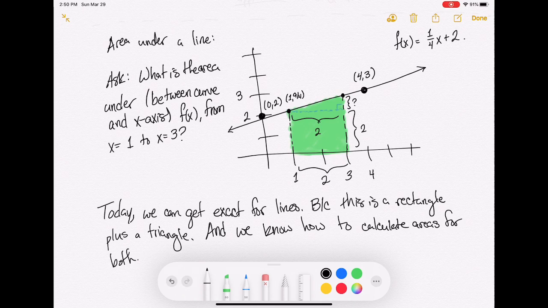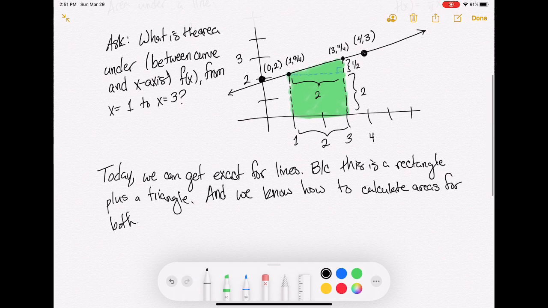And then this other point is 3 comma 2 plus 3/4, which I'm going to call 11/4. So then the height actually of our little triangle happens to be 2/4, also known as 1/2. So that's what I'm going to do here.